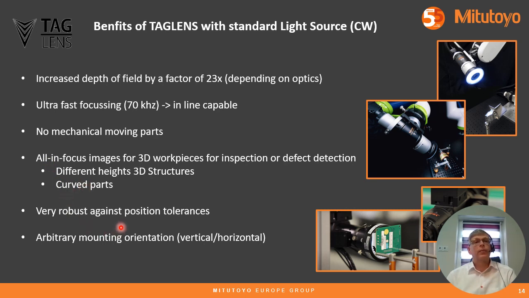Therefore, TAG lens optics is very robust against position tolerances. Even if we are not perfectly on the focus position, we get focused images. And this is not very usual for liquid lenses, but the TAG lens can be mounted in arbitrary orientation, vertical or horizontal.